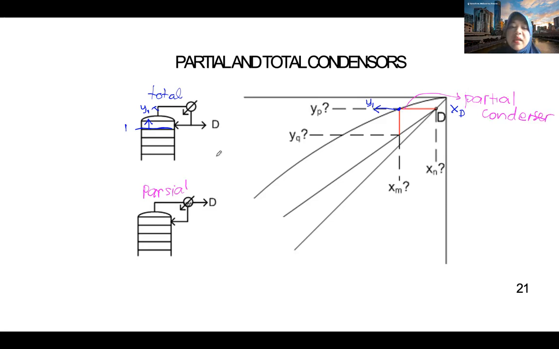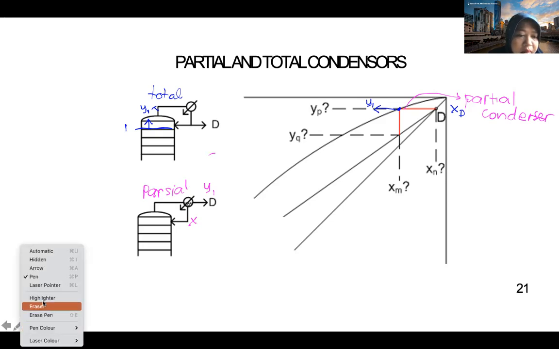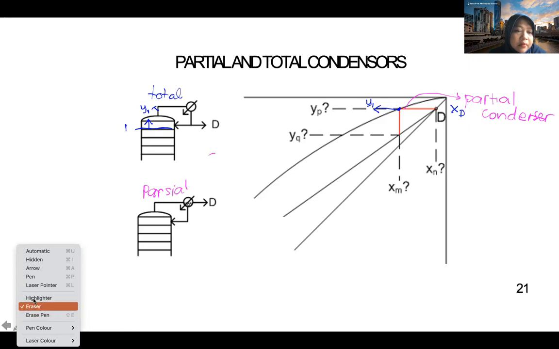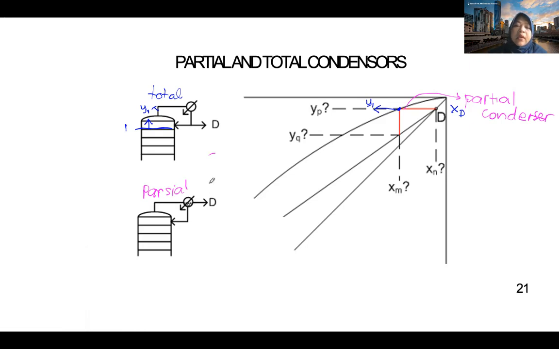Okay, so where is the y1? So this is going to be your y1, and this is going to be your x. Sorry, don't write it y1. Let's say this is going to be your stage 1.